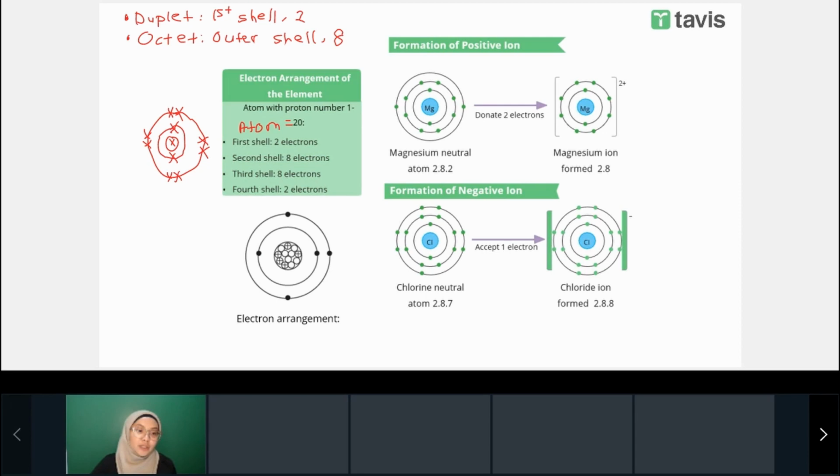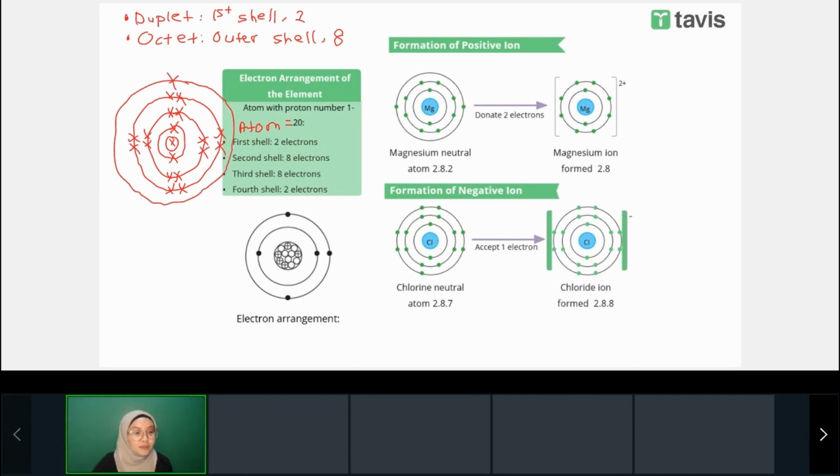Okay. The total number of electrons now is 10. So not enough, another 10 needed. So draw another shell. 1, 2. Okay, another 8. Now we have 18. So another 2. You draw another shell that can occupy another 2 electrons.